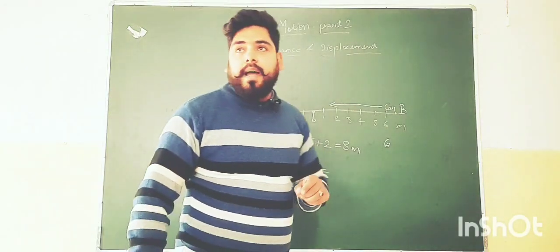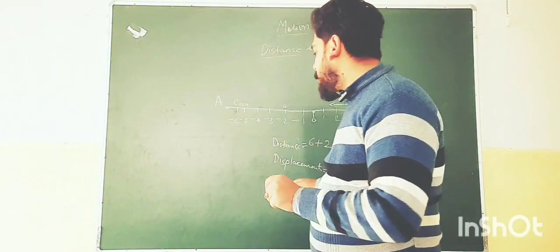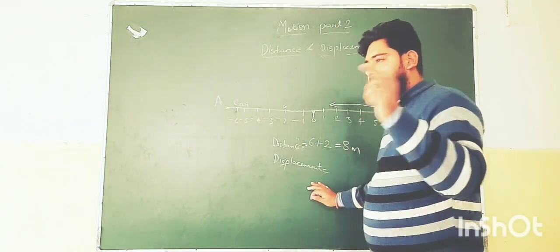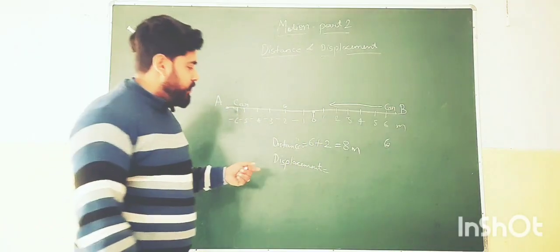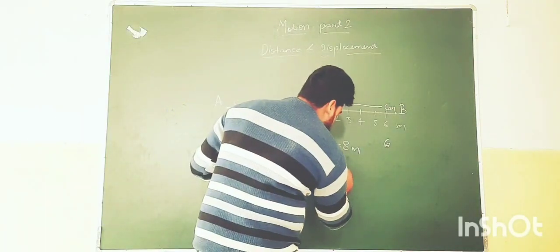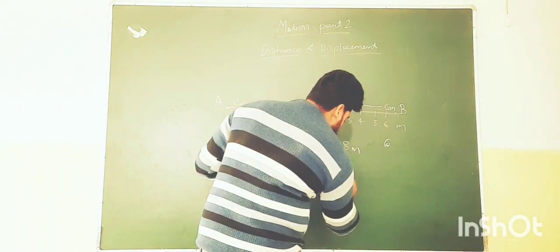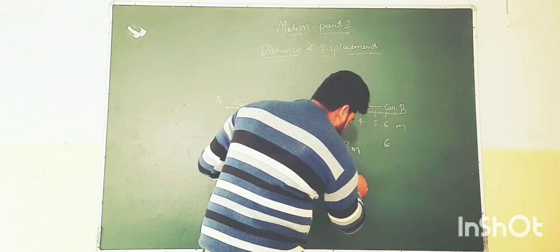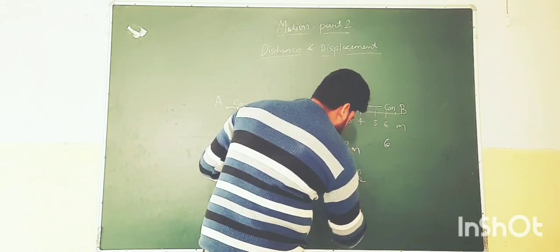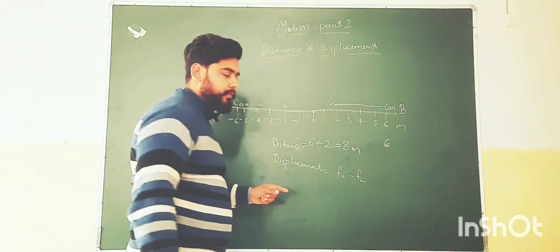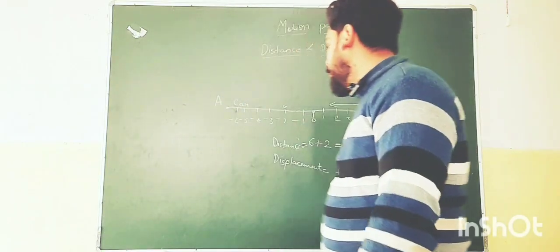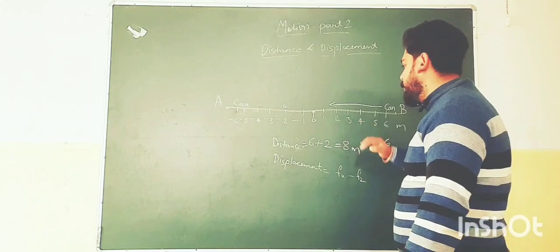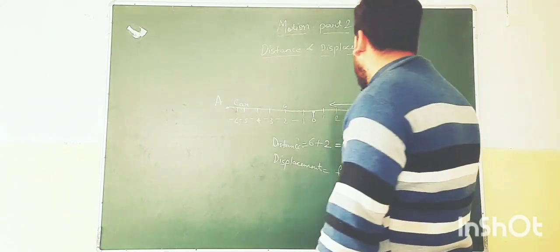The displacement always depends on the position: the final position minus the initial position. If I am taking the final position f1 minus the initial position f2, one is final, one is initial. Then we will be able to know the value.